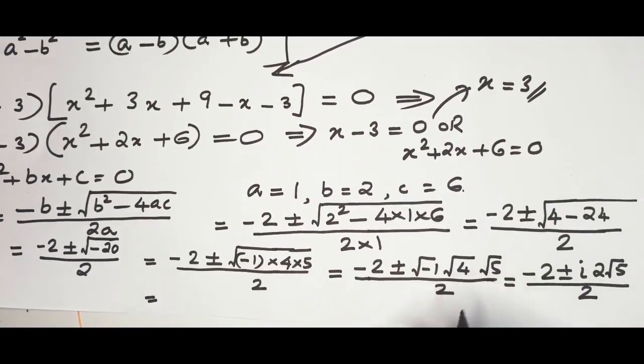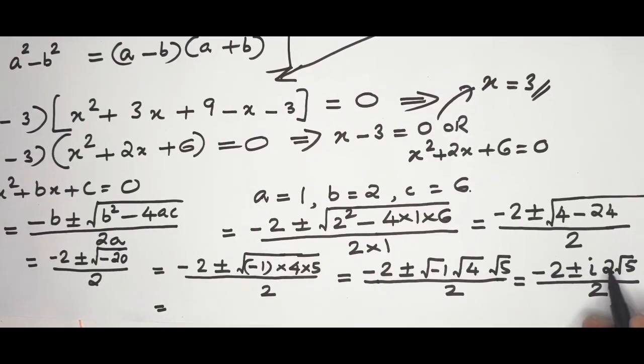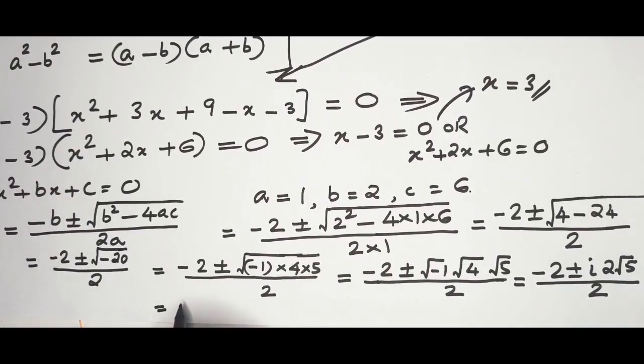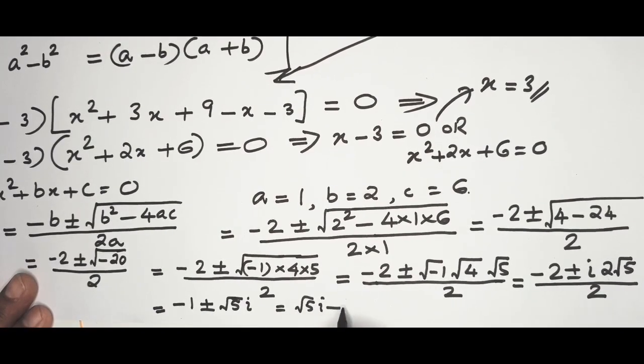That will be equal to, see, 2 will divide these two terms and these 2 will cancel out. And you will have minus 1 plus or minus root 5 i. This 2 is gone. So these are the other two roots. You can write it separately like this: root 5 i minus 1, and minus root 5 i minus 1. These are the two other roots.